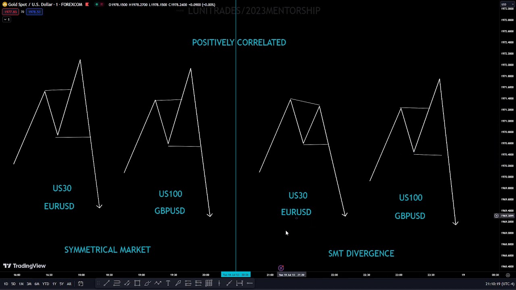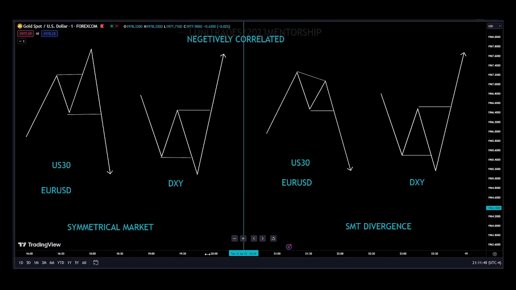You can also use Euro USD. So this would be an S.M.T divergence in Euro USD compared to, and positively correlated with, the British Pound USD.